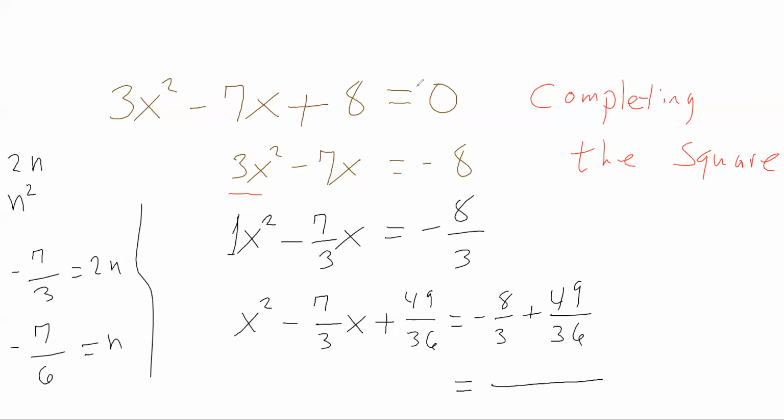So we have, I'm going to write it as 49 minus 12 times 8 is what, 96, I believe. And then that would all be over 36. So 12 times 8 is the 96 here.